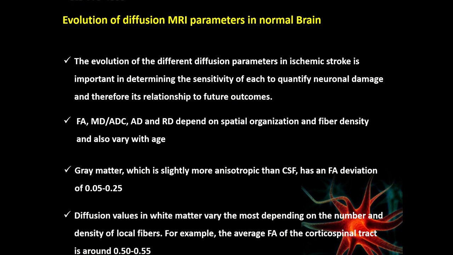Gray matter, which is slightly more anisotropic than CSF, has a fractional anisotropy of 0.05 to 0.25. Diffusion values in white matter vary the most depending on the number and density of local fibers. For example, the average fractional anisotropy of the corticospinal tract is around 0.5 to 0.55.